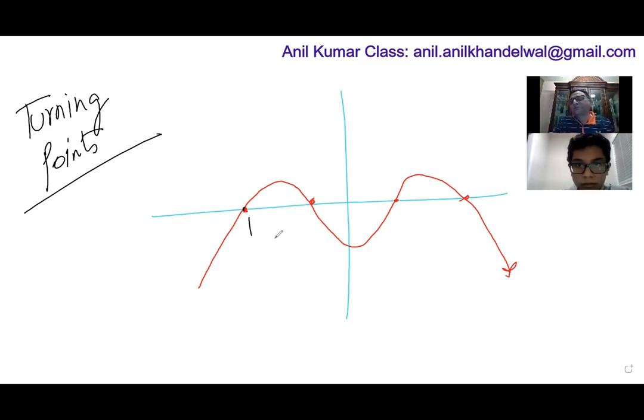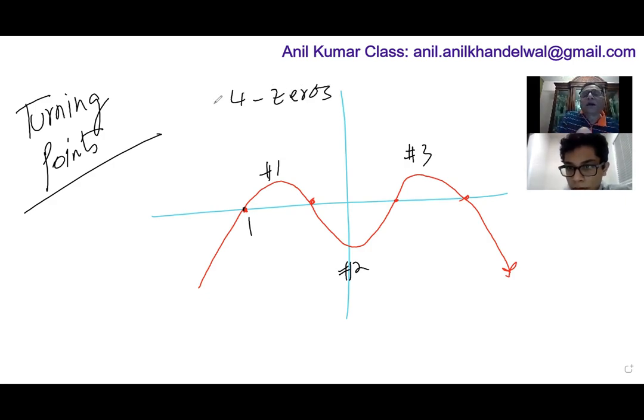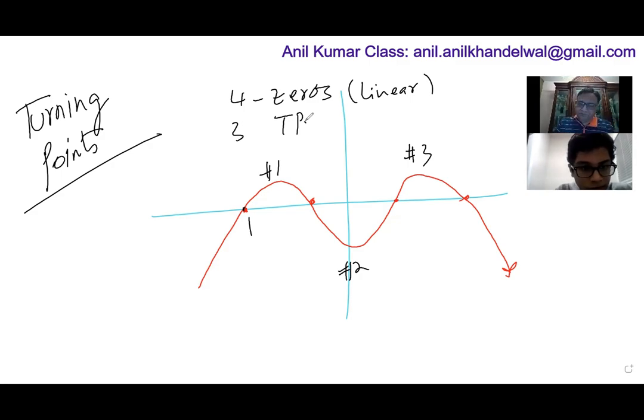You may think this is like a coordinate point, but I have one turning point, a second turning point, a third turning point, correct? We have 4 linear zeros, and we have 3 turning points. Is that okay?